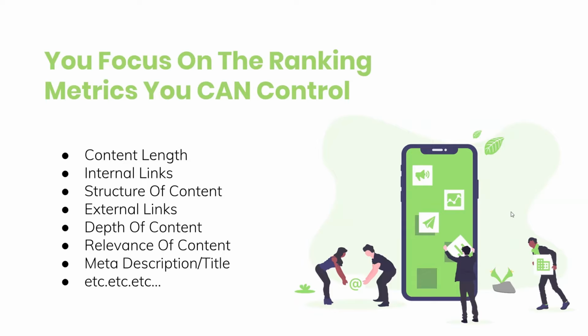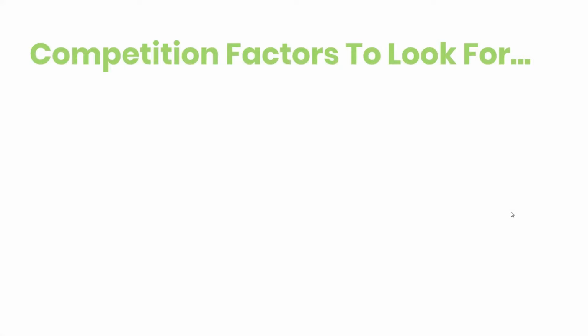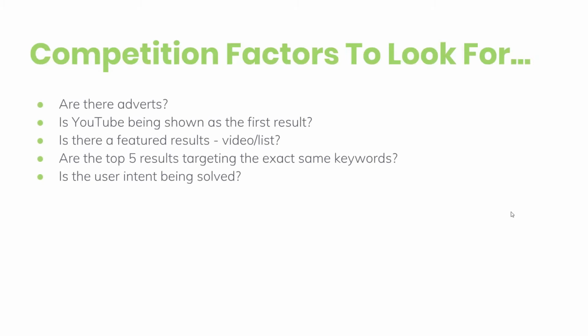Okay, so the competition factors you look for when you're doing competition research with keyword research, here are the things you look for. Are there adverts in the search results? Now I'll talk you through each and every one of these in a minute. Is YouTube being shown as the first result? Is there a featured results video or list?